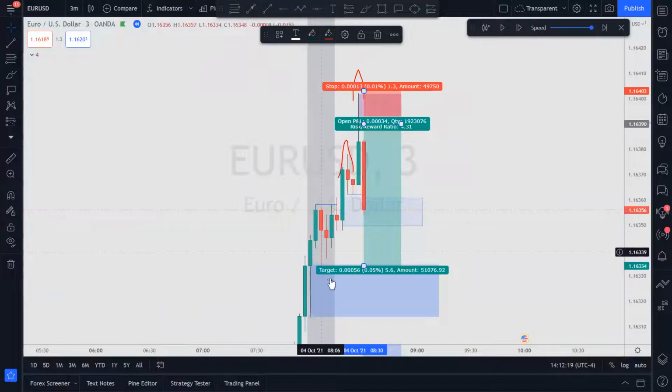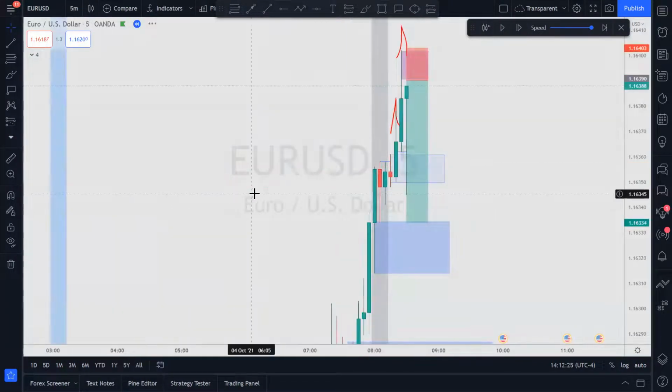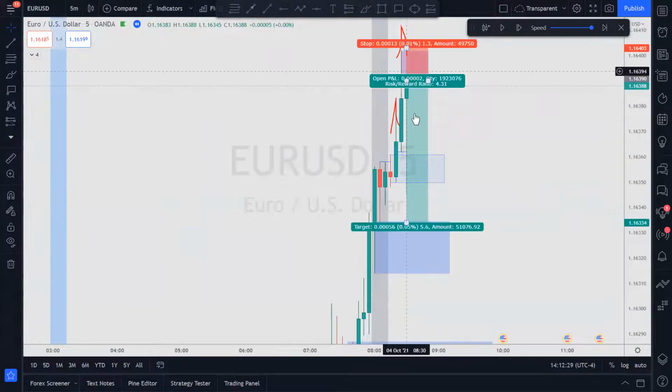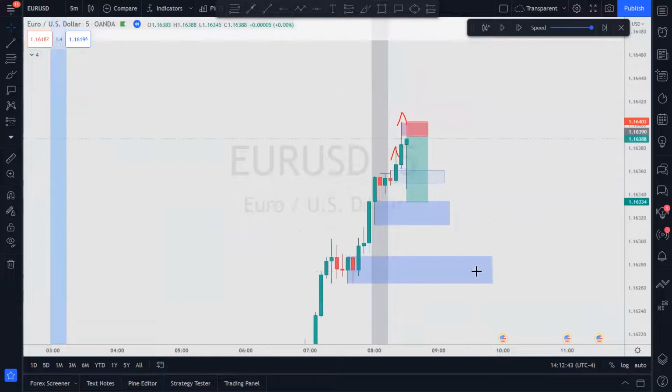Is this the one I was talking about? Yeah. Look at the 5 minute. See how price reacted here and then took off. This one looks legitimate. It's broken some highs along the way. Look at this. Boom, boom, boom.